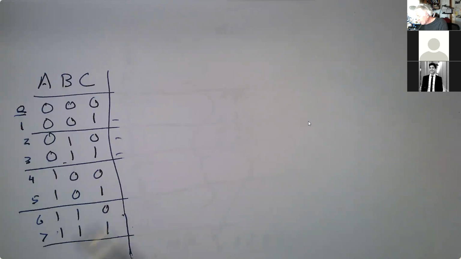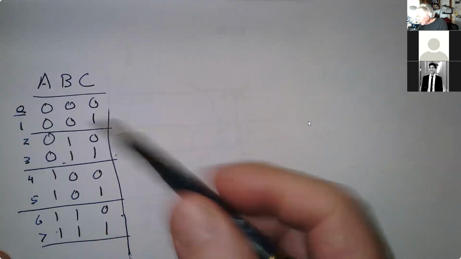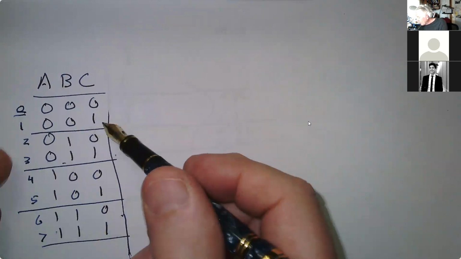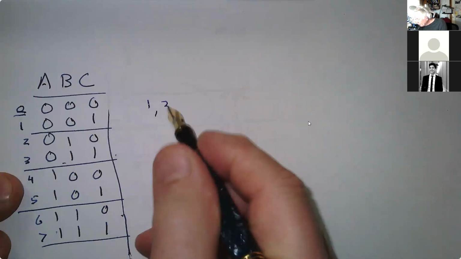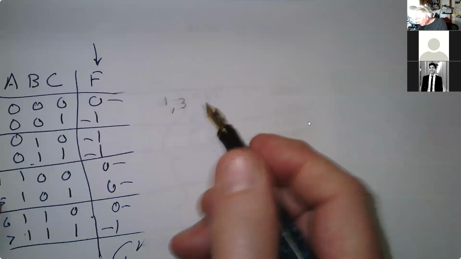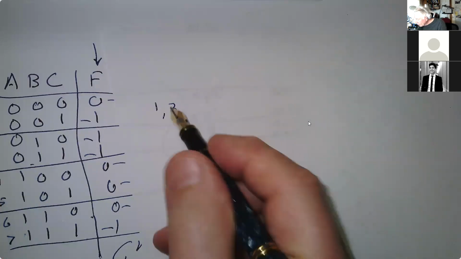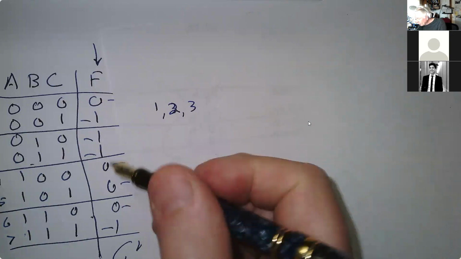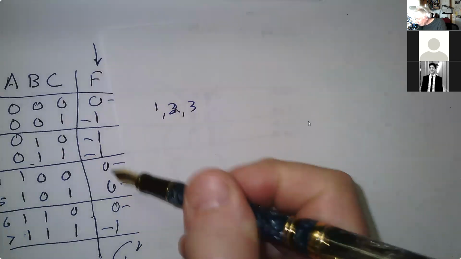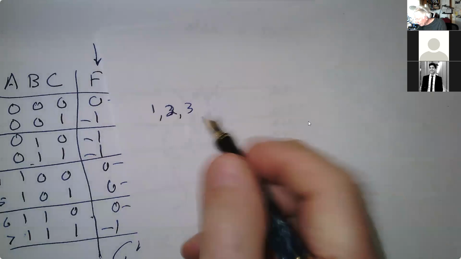It's a 7. So the min terms I need are from rows 1, 2, 3. I don't need the min term from row 0. I don't need it from 4 or 5 or 6, but I do need 7.